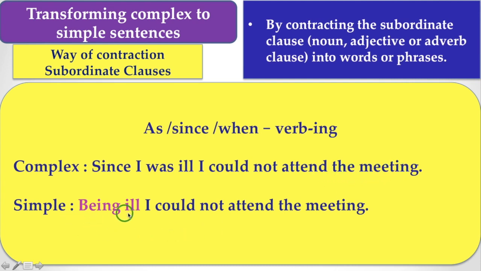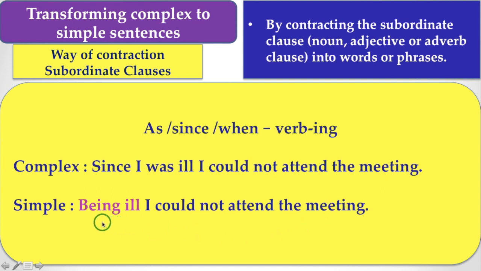Here, being ill. Since I was ill, here you find in this subordinate clause, was is a finite verb. Here you just use being, that is verb ing, which is not a finite verb. Being ill, I could not attend the meeting.